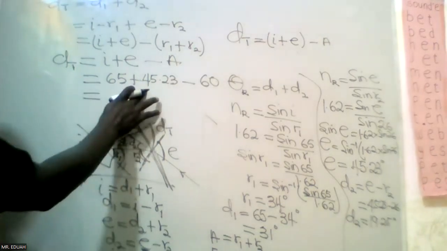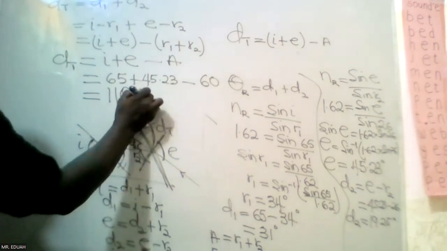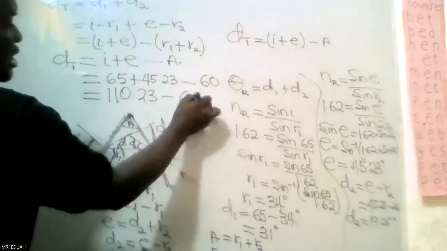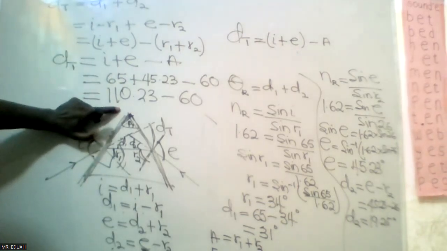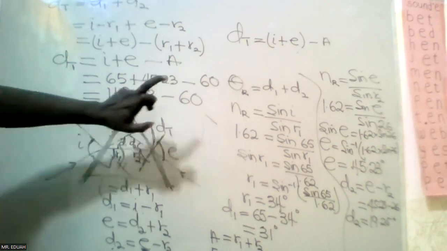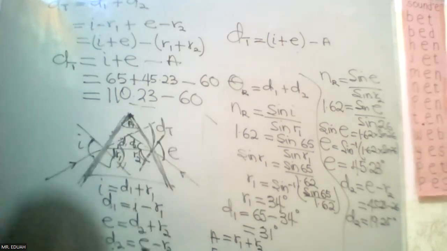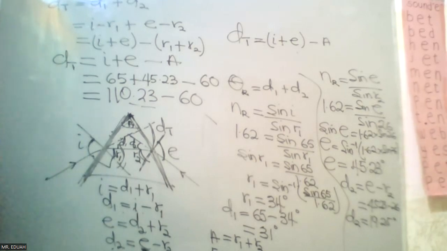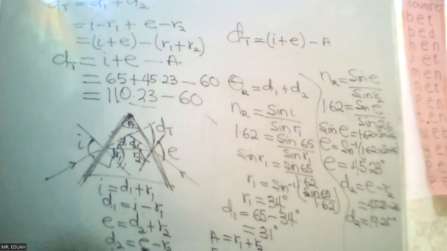When you add these, you have 110.23 minus 60. When you subtract 60 from 110, you have 50. So 50.23, close to the same value. So this is another way to solve the same problem.